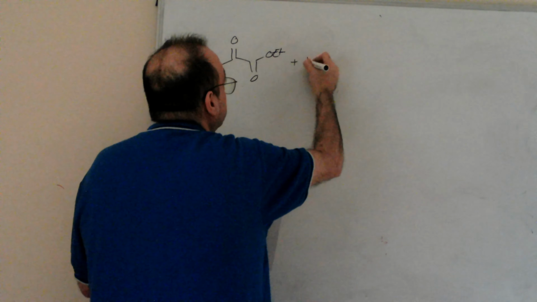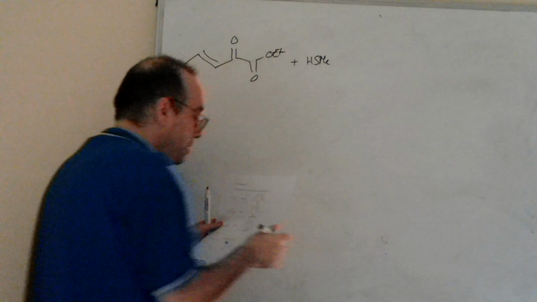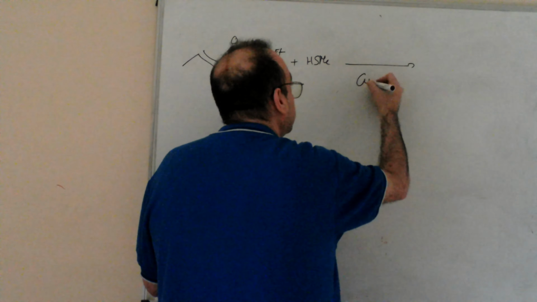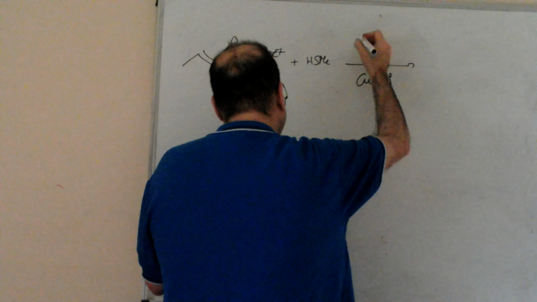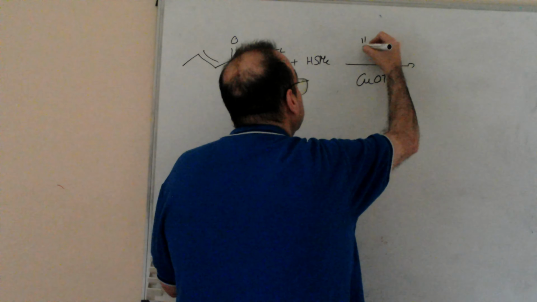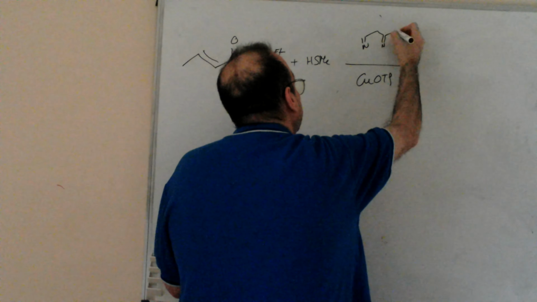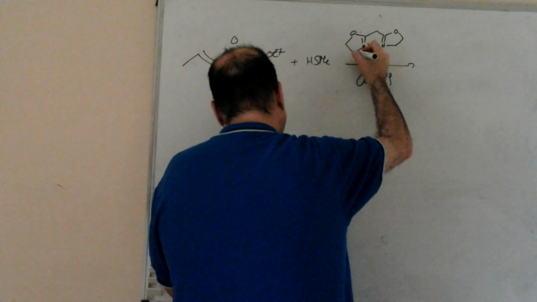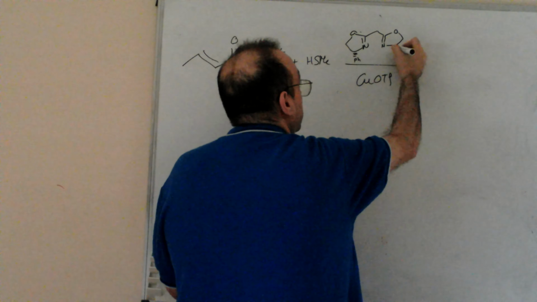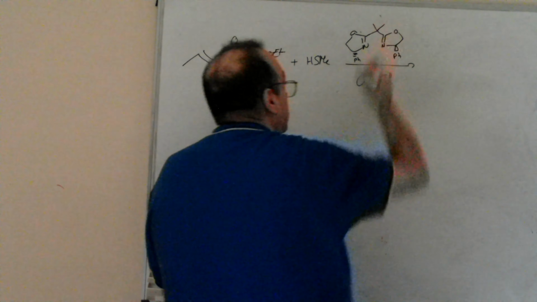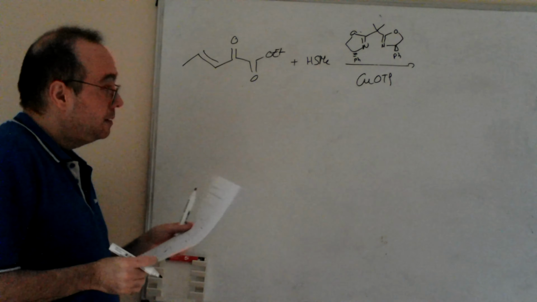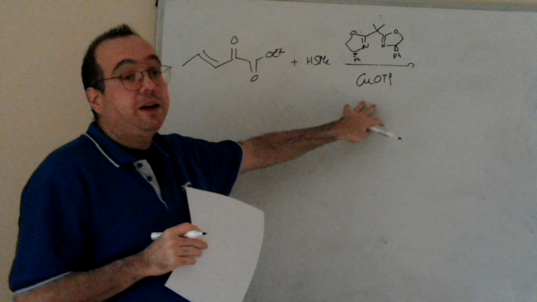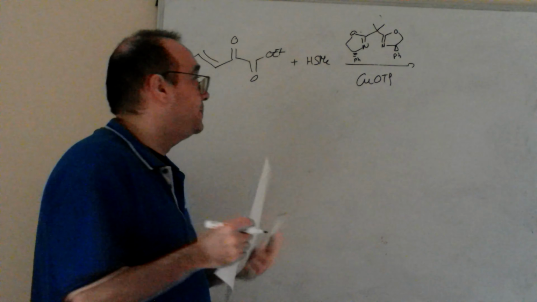We add a nucleophile, in this case a thiol, and as a catalyst we put copper triflate and the same bisoxazoline that we got before. In this case I told you that the geometry of the transition state will be square planar.